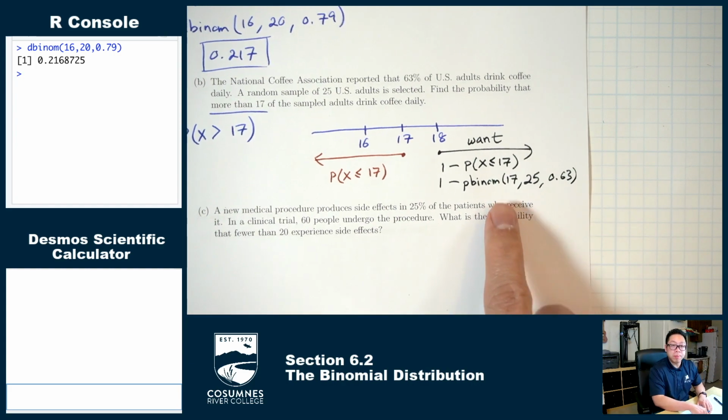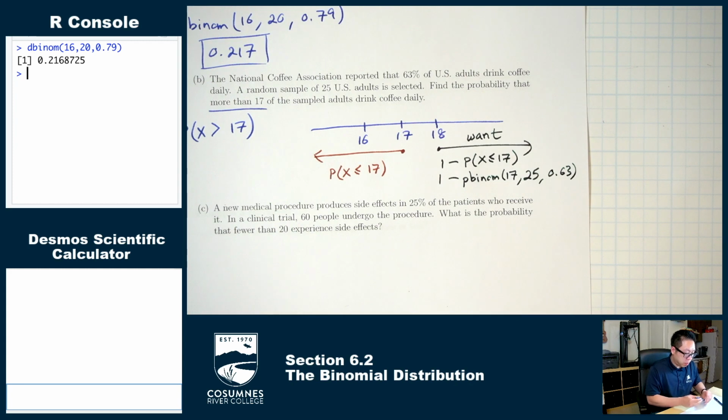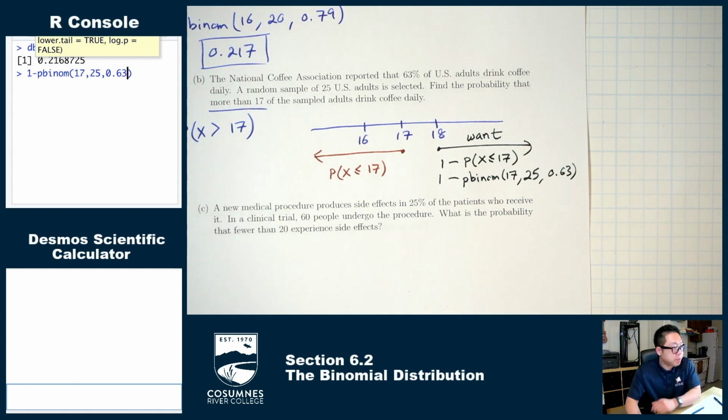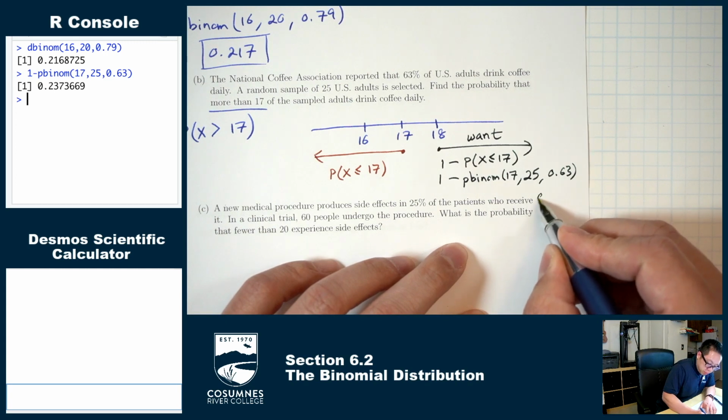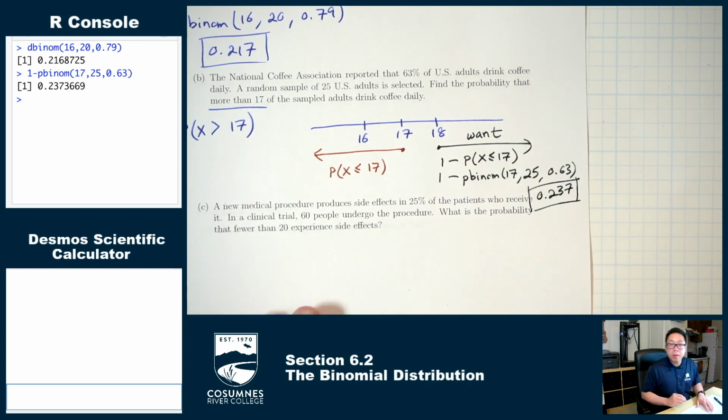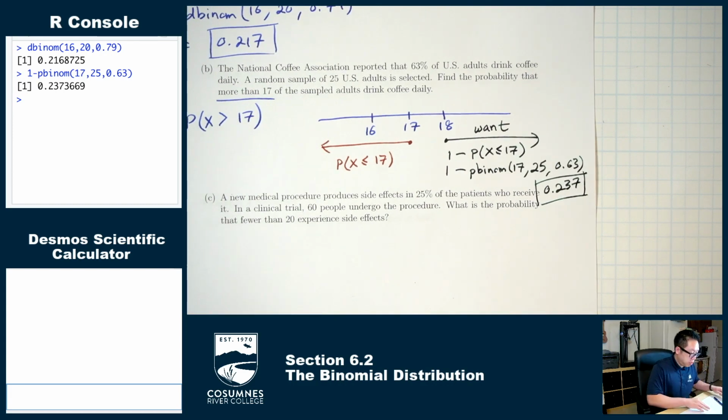And that's what you're going to type. You're going to type in 1 minus pbinom, parentheses, 17, comma 25, comma 0.63. Okay, and our answer is 0.237. And that's rounded to 3 decimal places.